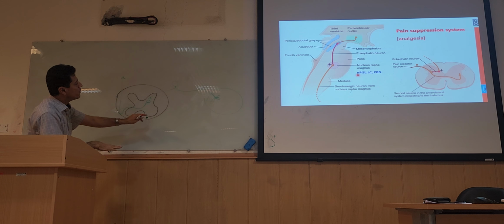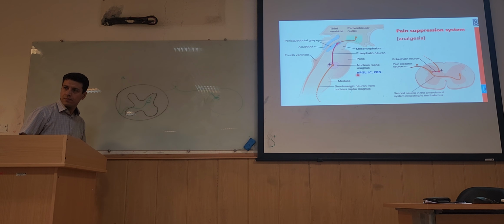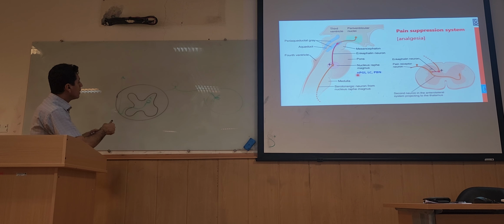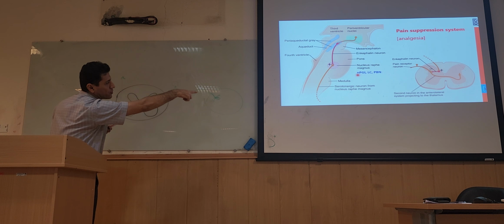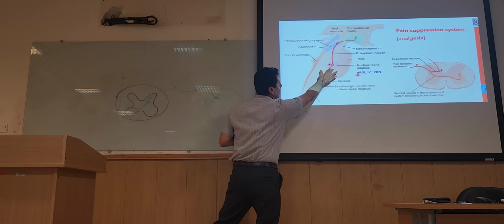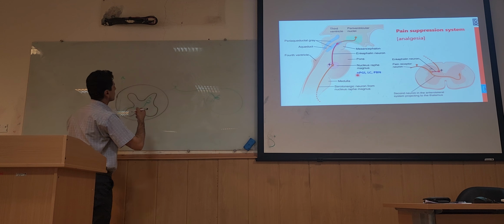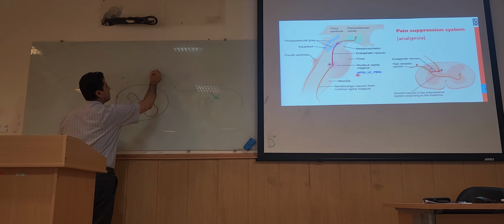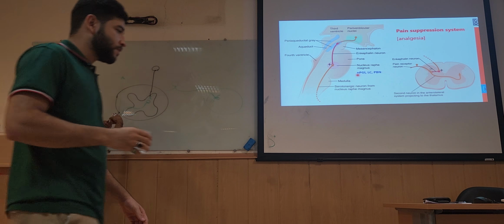Now, we want to suppress the pain. So the brain sends serotonergic neurons from the nucleus raphe magnus. They come down and reach here.